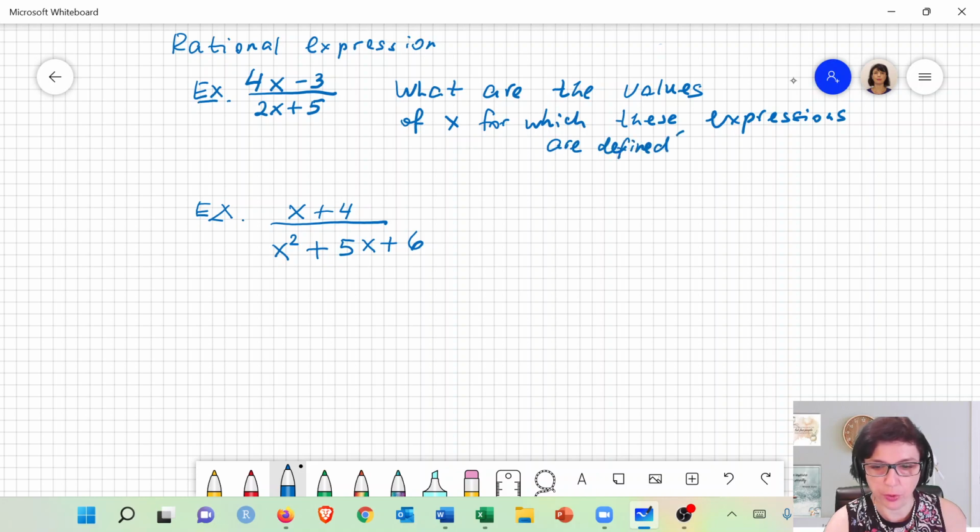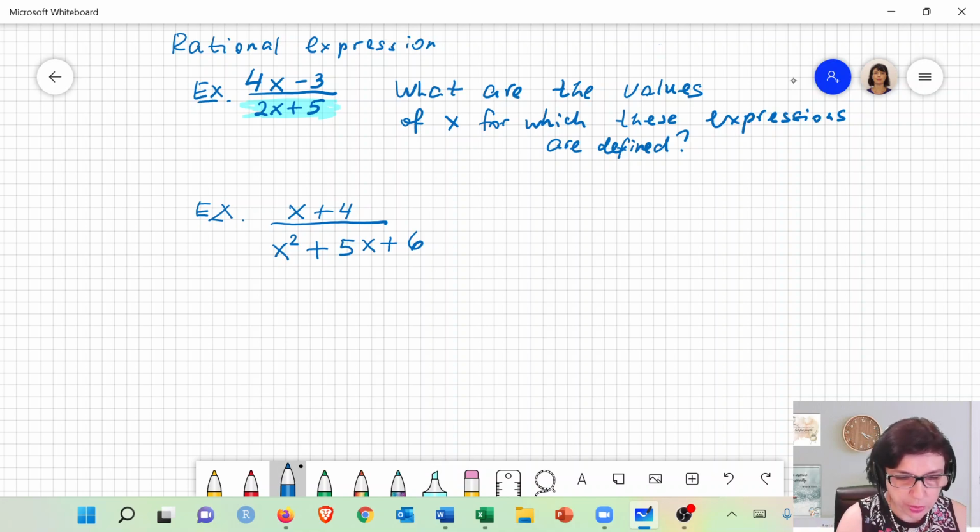This fancy word, undefined, means which x value, if I stick it in there, the calculator is going to spit out an error or there will be a problem. So the only thing in these questions that you should worry about is the bottom. You can safely ignore the top. It doesn't really matter what it is. What matters is when is the bottom 0. Whenever it is 0, that's when the whole thing is undefined.